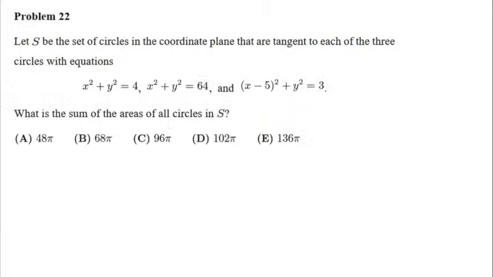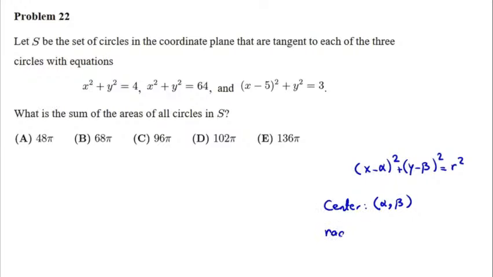So, the equation of a circle: if you have (x minus alpha) squared plus (y minus beta) squared equal to r squared, the center of this circle will be (alpha, beta), and the radius will be r. So, we have these 2 things. Now, for each of them, the first one, the center is (0, 0). Let's consider it as the first circle, second circle, third circle.